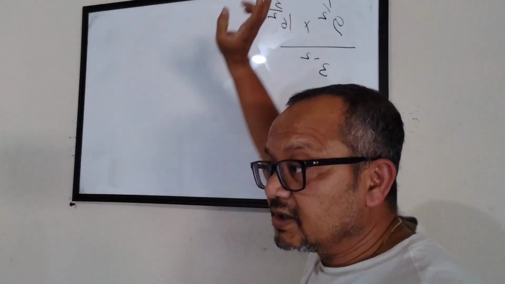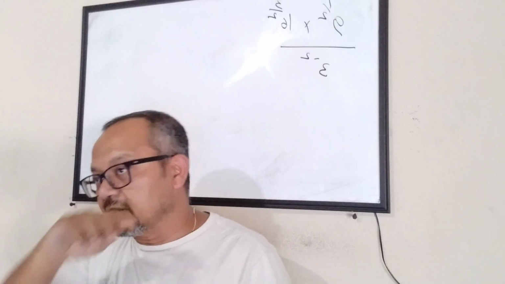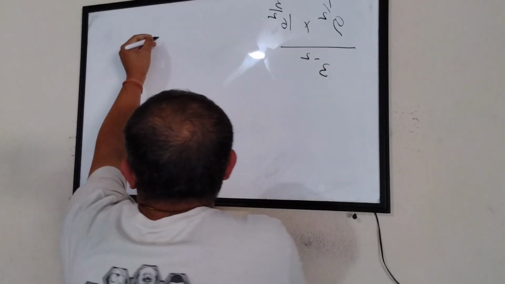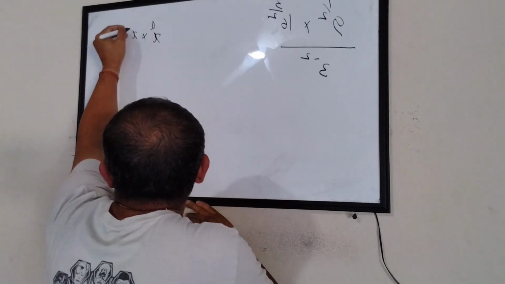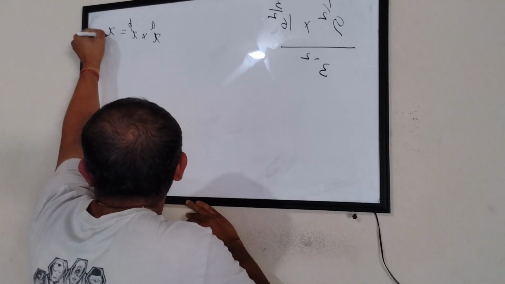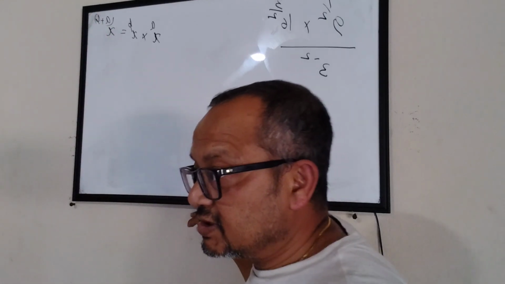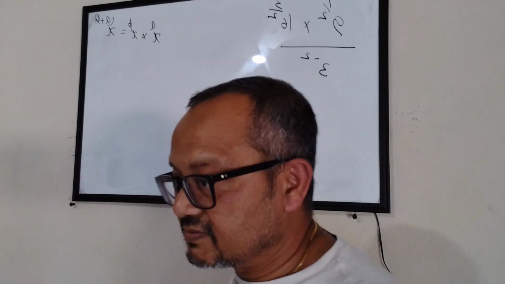Now, this is using the three basic rules of exponents that we all have learned. One is x to the power a multiplied by x to the power b equals x to the power a plus b. I hope you all know this, and if there is any doubt, you can ask me why, and I can prove that as well.